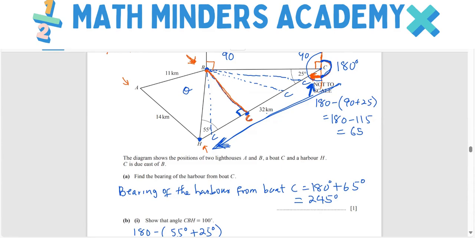So for the shortest one, we have to make 90 degrees to this line CH. The shortest possible distance from B to C must make 90 degrees to the path CH.